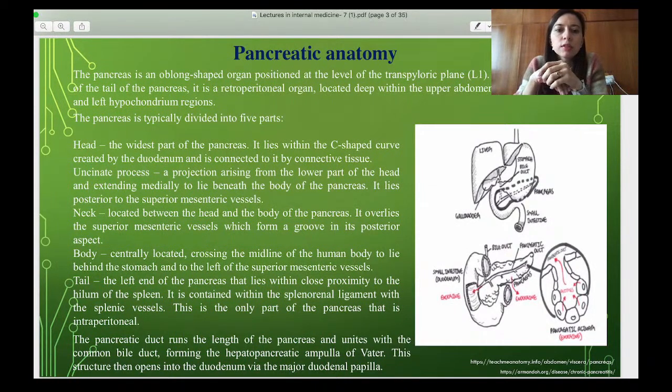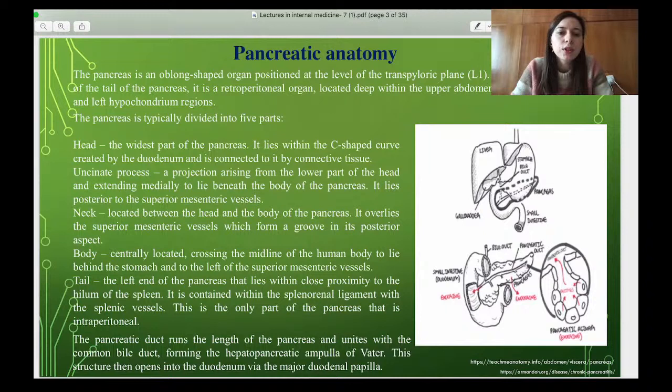And the tail, the left end of the pancreas that lies in close proximity to the hilum of the spleen. It is contained within the splenorenal ligament with the splenic vessels. This is the only part of the pancreas that is intraperitoneal.